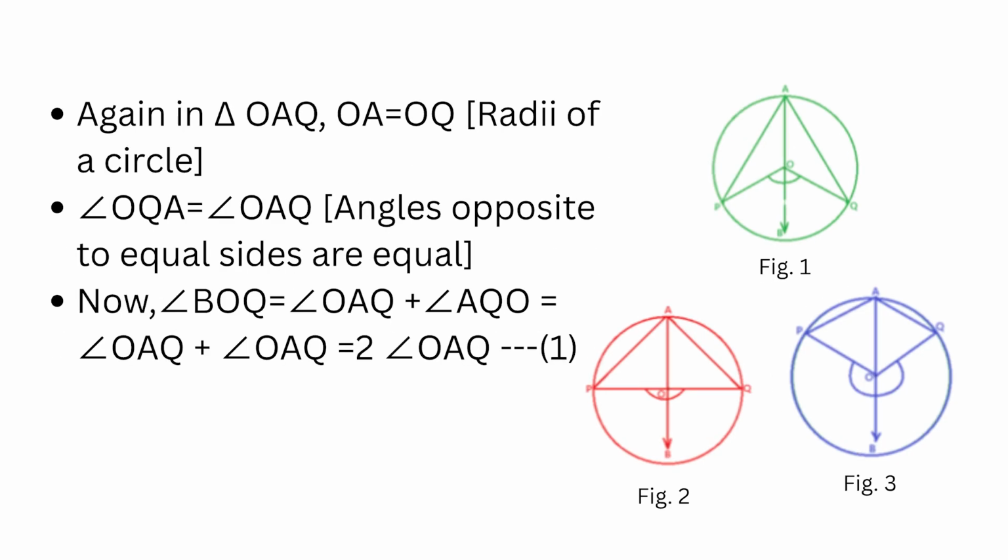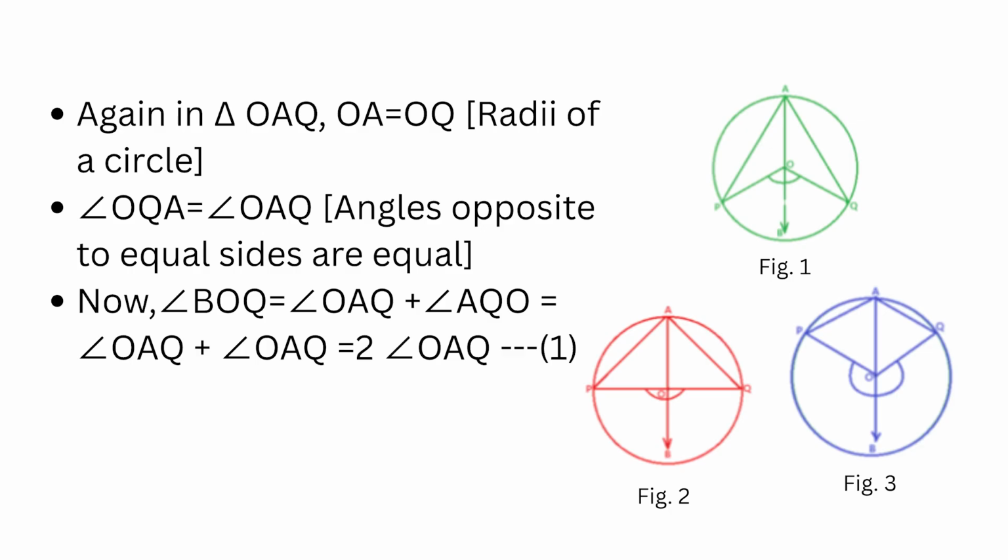Again, in triangle OAQ, OA equals OQ, radii of a circle, and angle OQA equals angle OAQ, angles opposite to equal sides are equal.